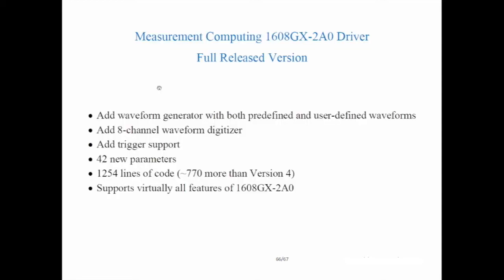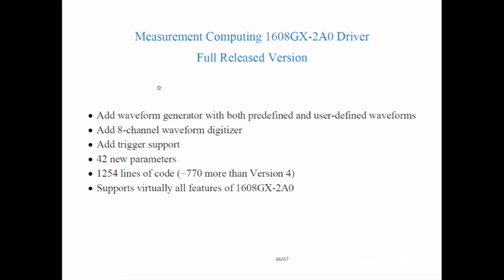Okay, so in the full released version of the driver, which I showed you at the beginning, the things that we haven't done in the first 5 versions here are the waveform generator with predefined and user-defined waveforms, 8-channel waveform digitizer, and trigger support. That altogether added 42 new parameters and brought the total number of lines of code up to 1,200 and something.